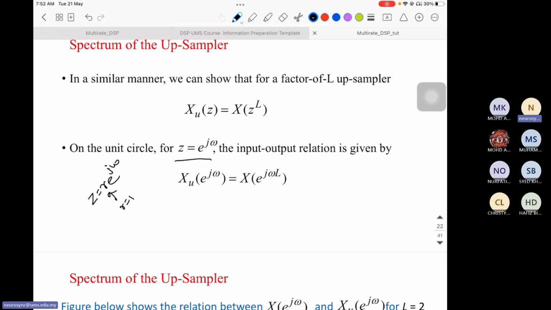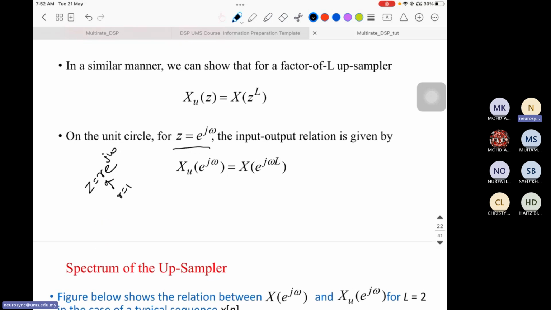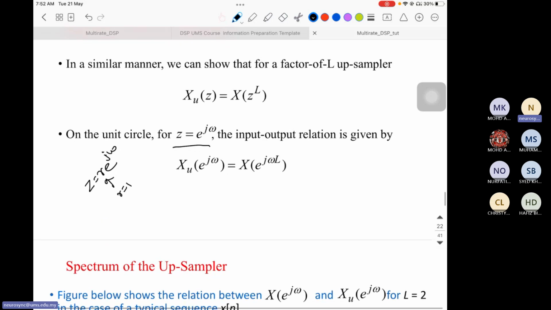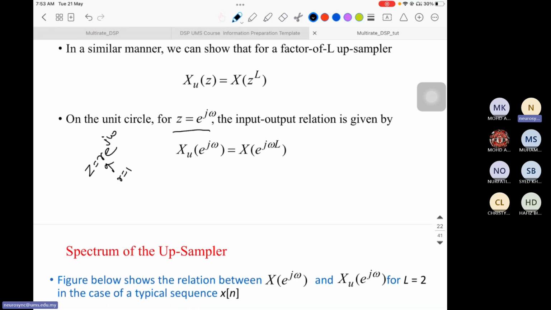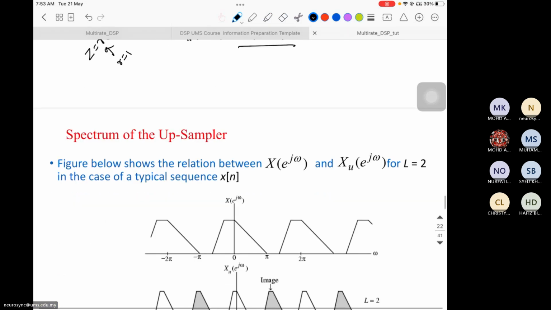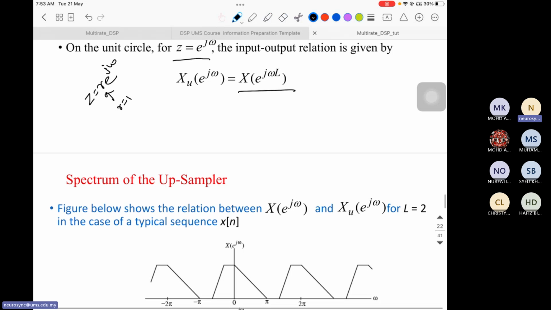So the input-output relation in that case I will write like this: Xu of e to the power j omega, where R is equal to 1, is equal to X of e to the power j omega L. Instead of Z, the e to the power j omega term is there. Now I can draw the spectrum of this upsampler.